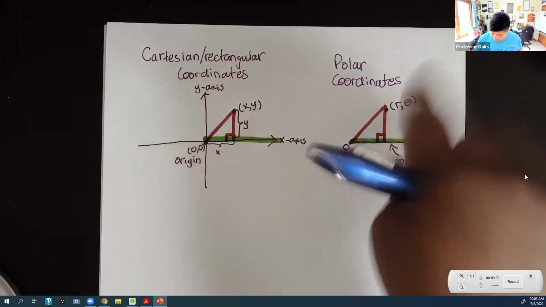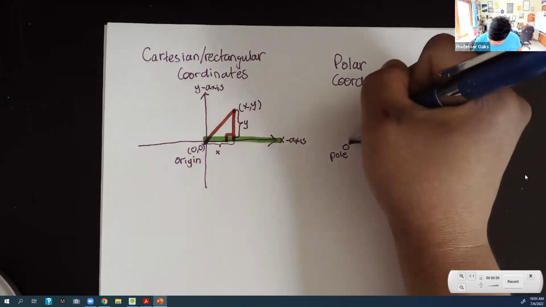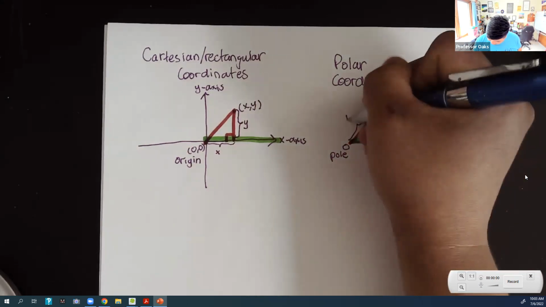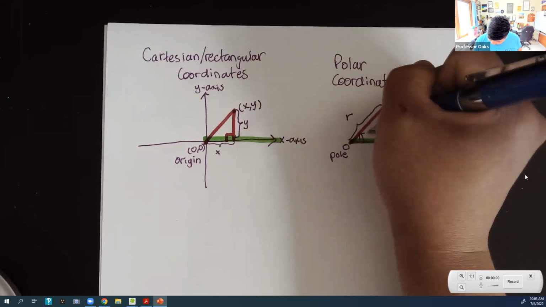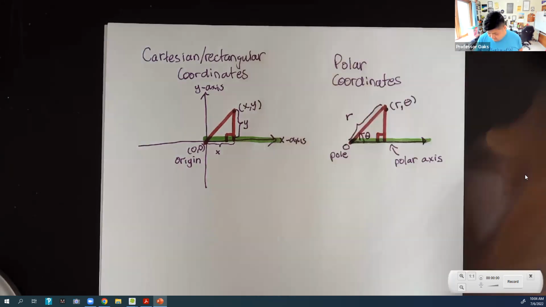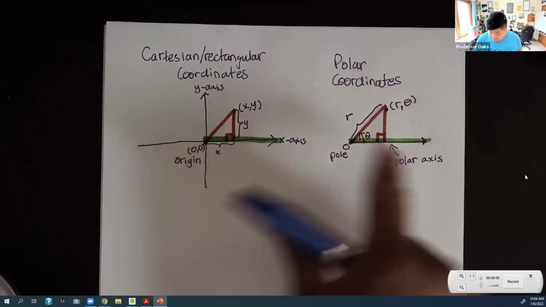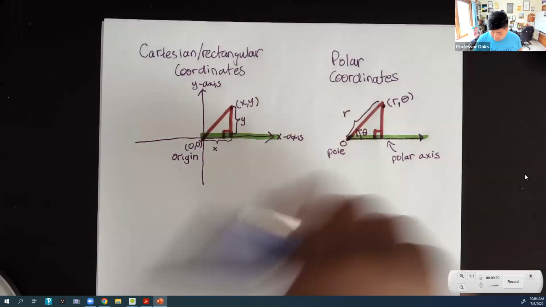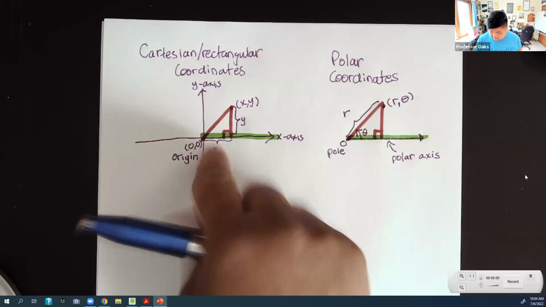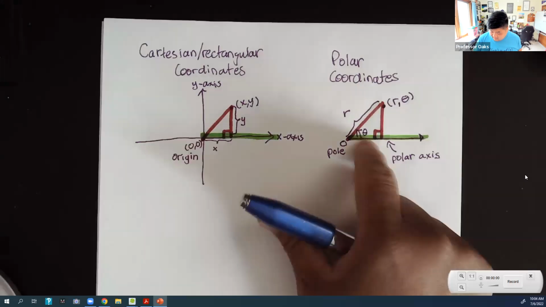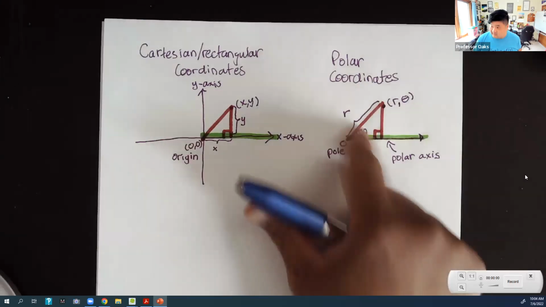But to get this r and theta, you're using this r, and then that's the theta. So you're using the same triangle for both of these, but you're using different parts of the triangle. Here you're using the x and the y, here you're using the hypotenuse and the angle.